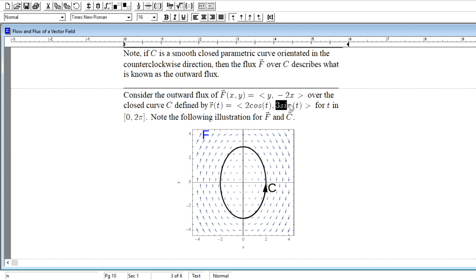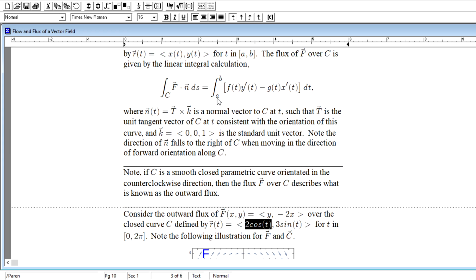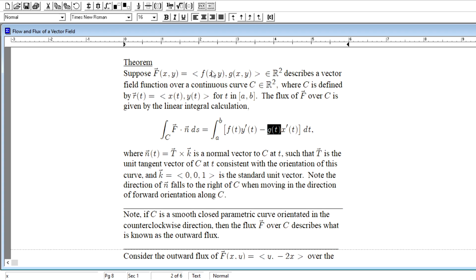This y will be replaced with 3 sine t. This value of x will be replaced with 2 cosine t. And then as noted above in the calculation, not only are you going to need little f and little g in terms of t, the descriptions of the field for little f of x comma y and little g of x comma y, you're going to need the first derivatives of x and y seen here in your vector description of the curve.